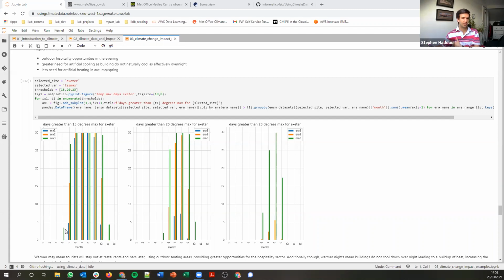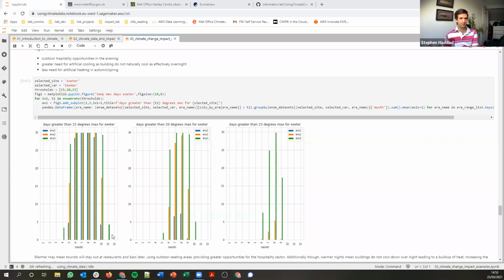So in this case, early in April and late in October, November, in year 3, 2060 to 2080, compared to 1980 to 2000.